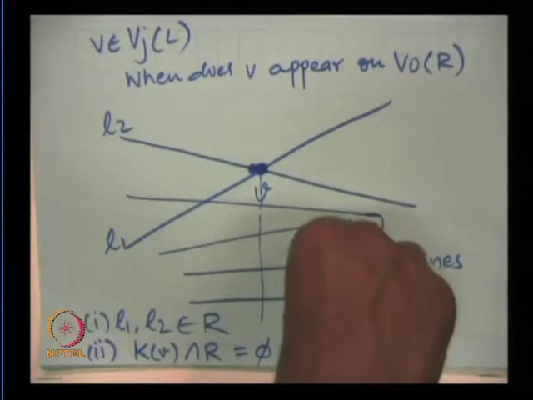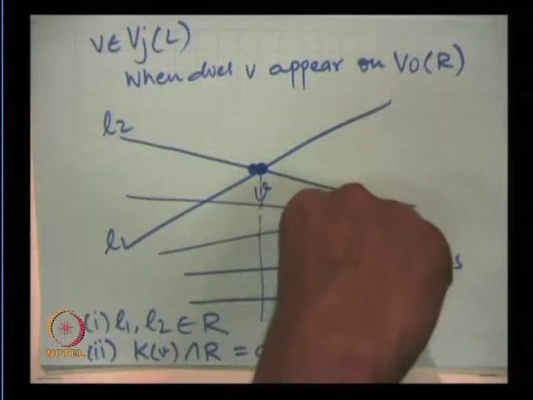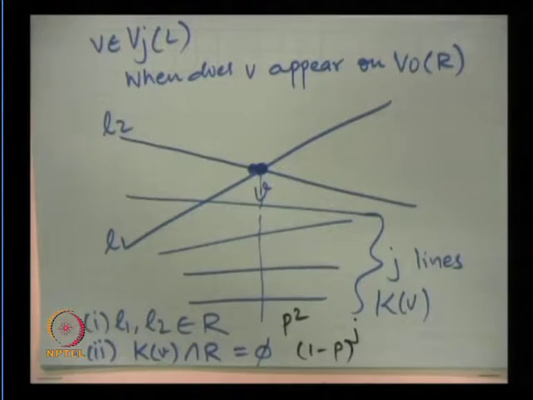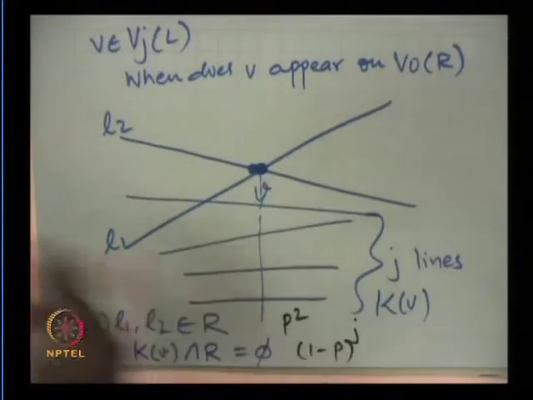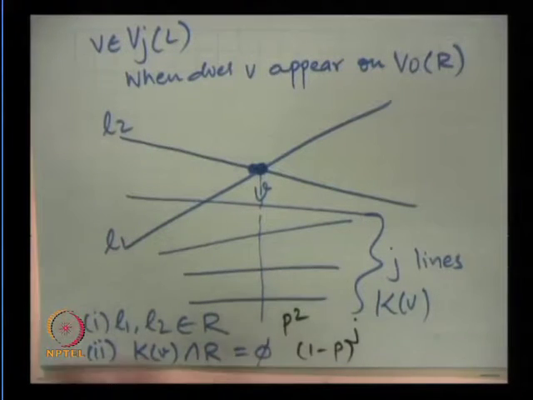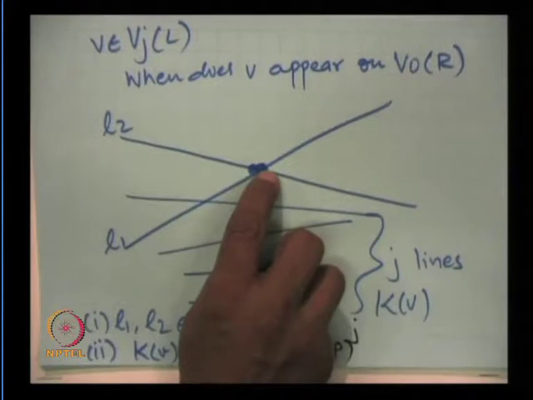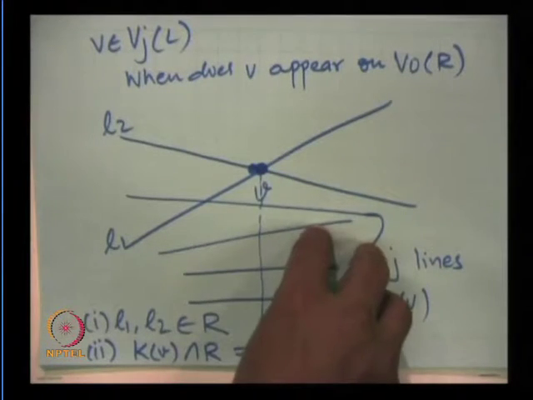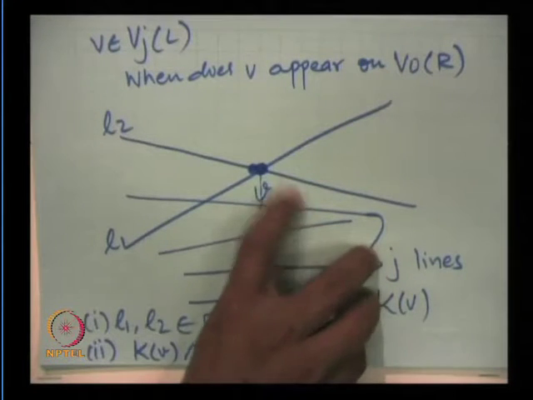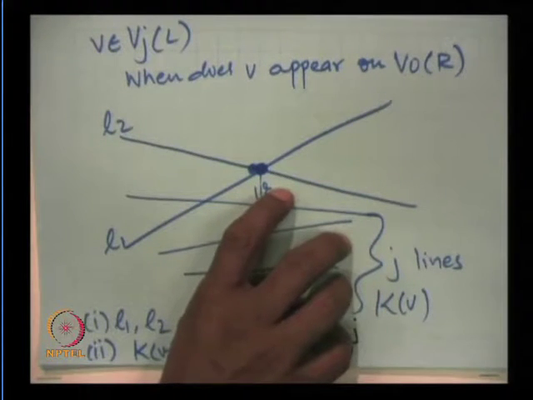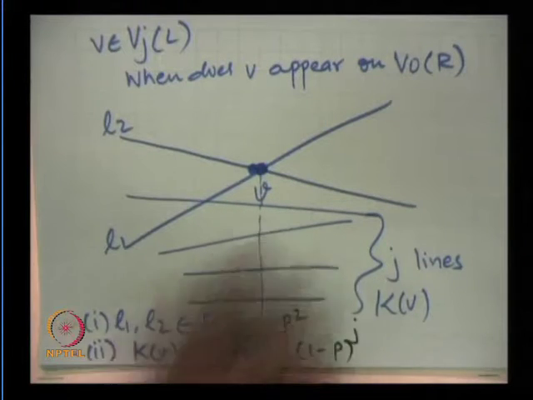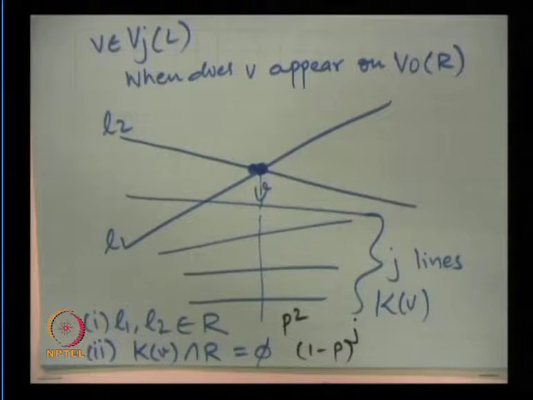And one can define an abstract framework, where you have a set of objects. One can define for every object a set derived from these geometric objects, what is called a defining set, because these two lines define this vertex. One can talk about the defining set, and one can talk about the killing set. And then you can ask the question, what is the probability of the vertex being chosen? So this is a very general framework.